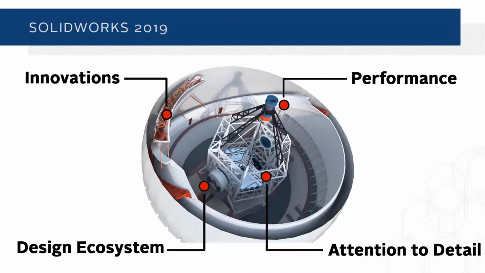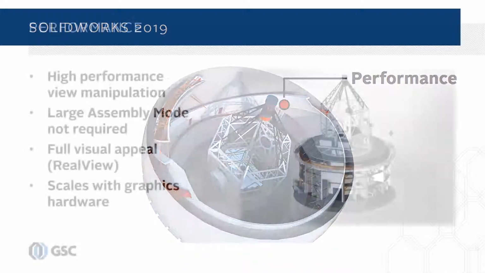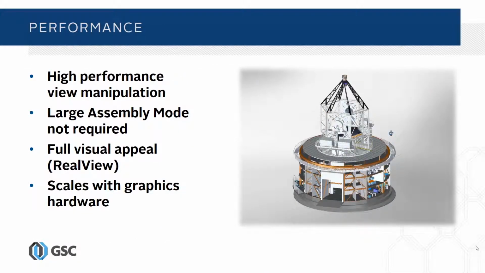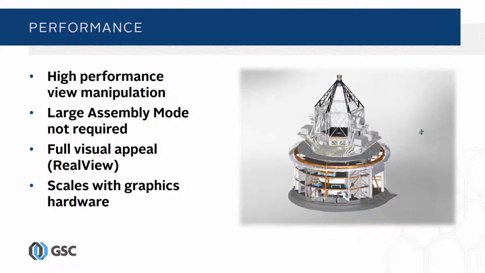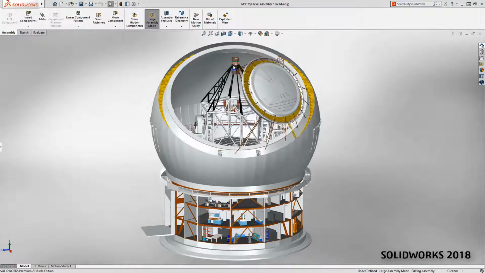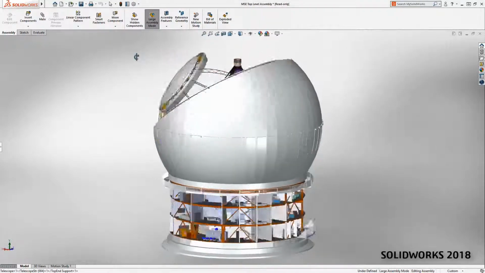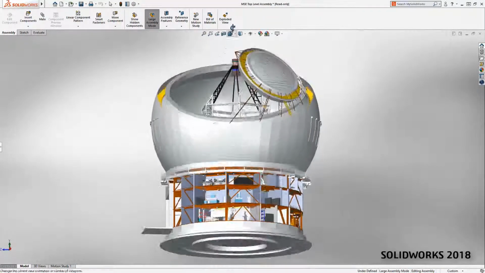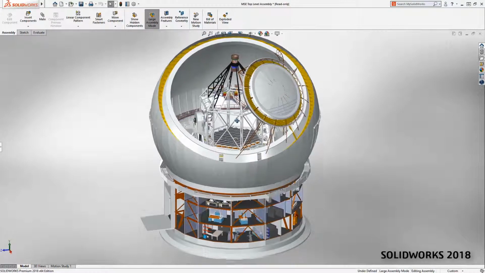And I can think of no better place to begin than with performance. When it comes to performance, most people first describe their experience with moving their model around on screen, that visual interface that you have to exploring your design. In SOLIDWORKS 2018 and previous, we had different modes to help us increase performance with our large models.